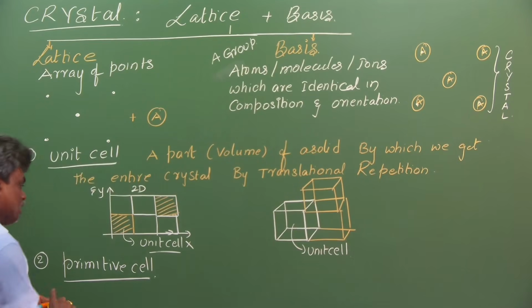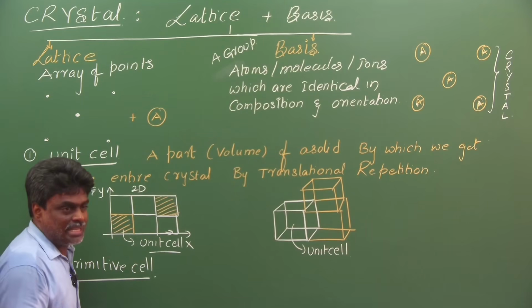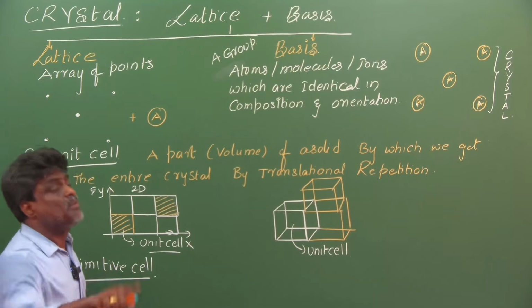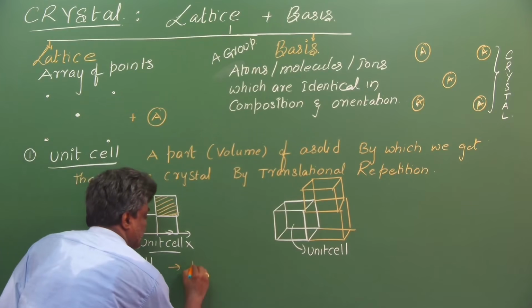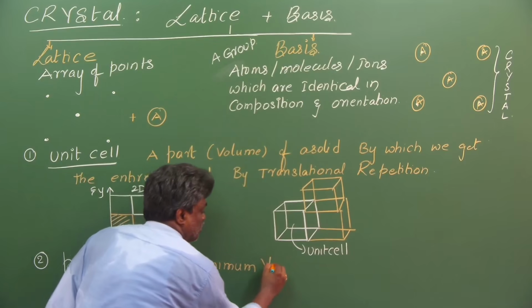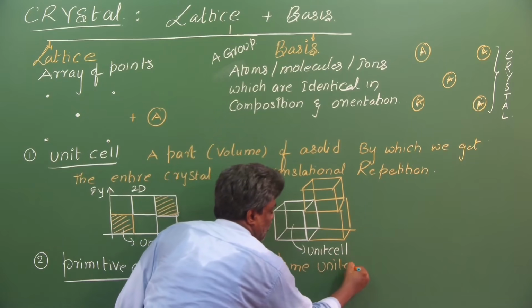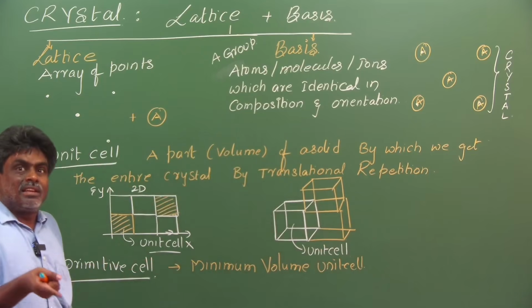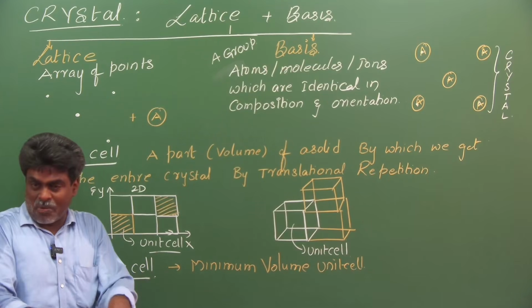Primitive cell is a unit cell, no doubt, but which is having minimum volume. So primitive cell means minimum volume unit cell. It's a unit cell which is having a minimum volume.